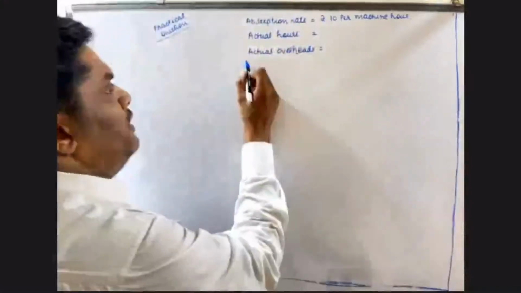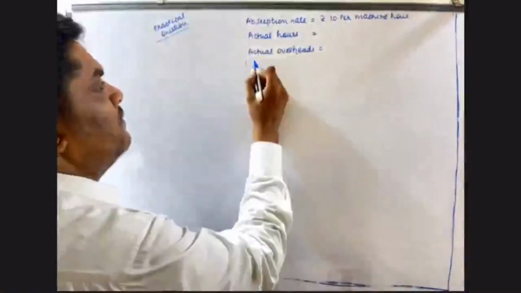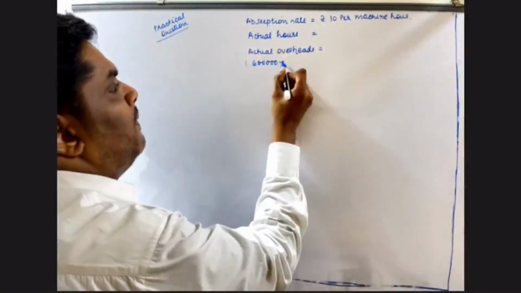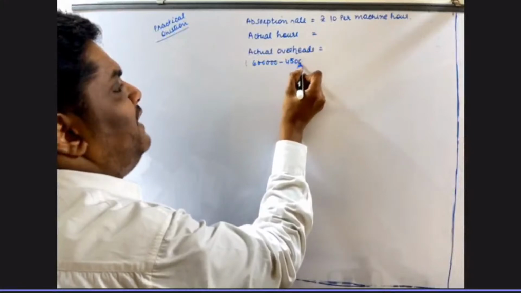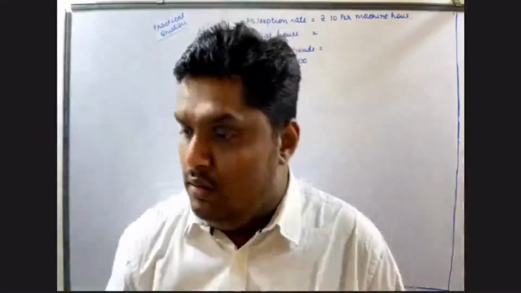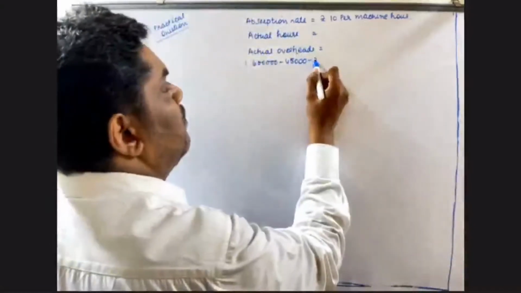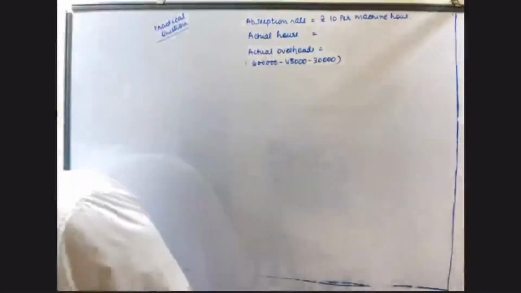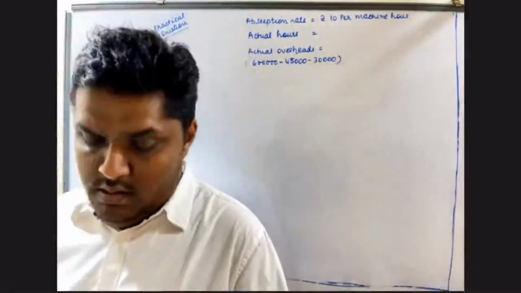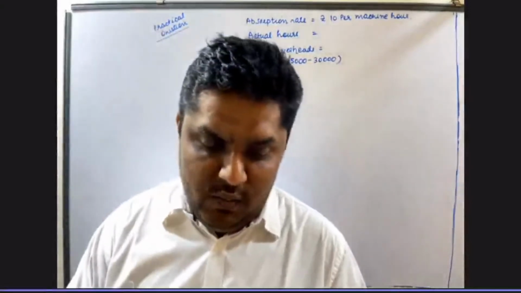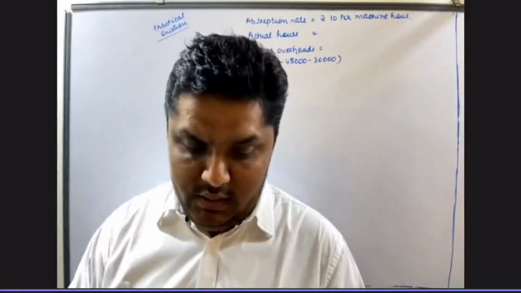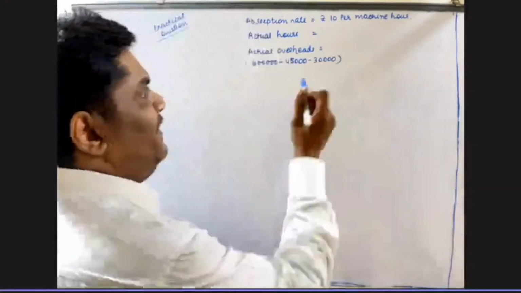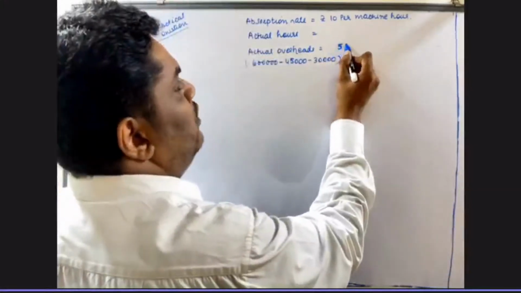So the total actual overheads are 6 lakh minus 45,000 minus 30,000. That is 5 lakh 25,000 are my normal actual overheads.